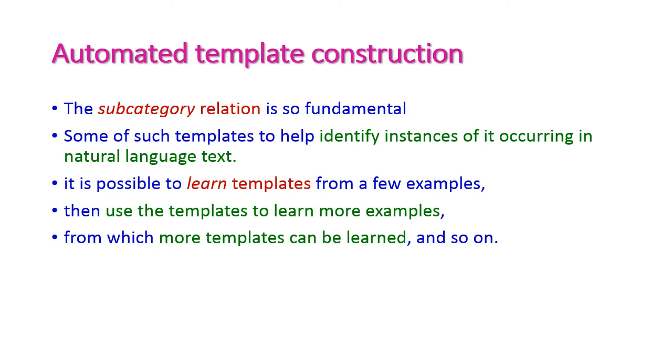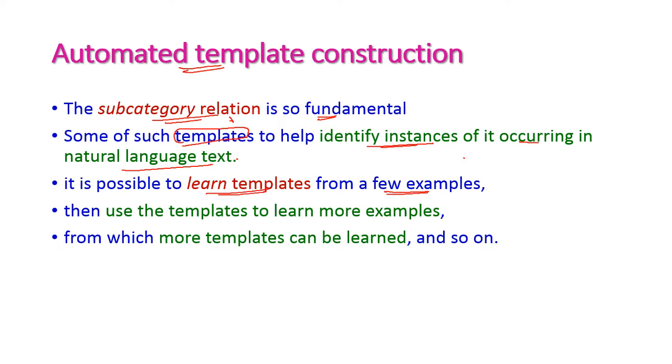Automated template construction, that is, the template will be constructed automatically. The subcategory relation is a very fundamental one, and to learn this, some templates will be very helpful to identify instances of occurrence in natural language text. It is possible to learn a template from a few examples.